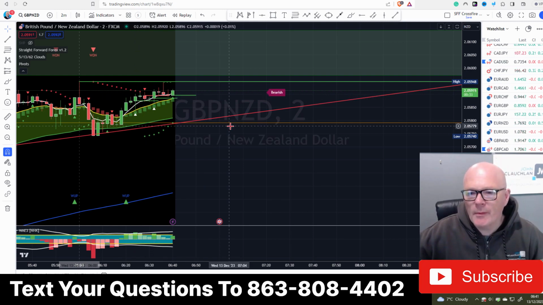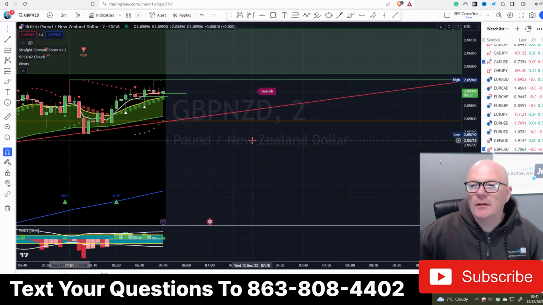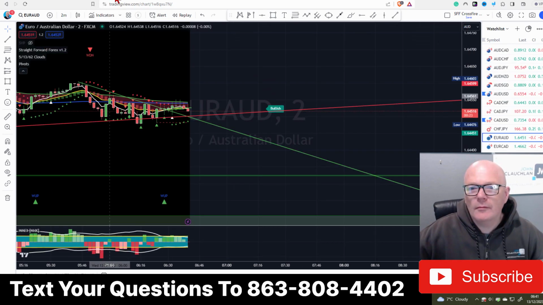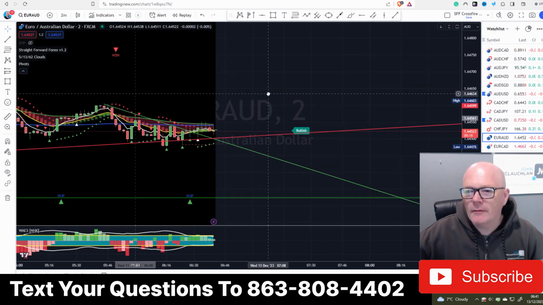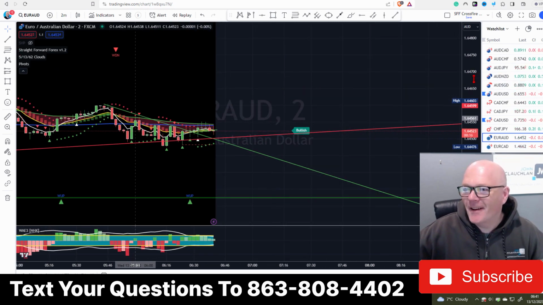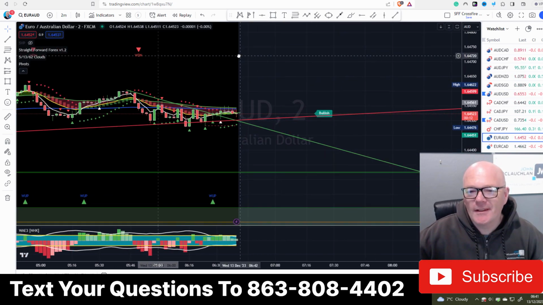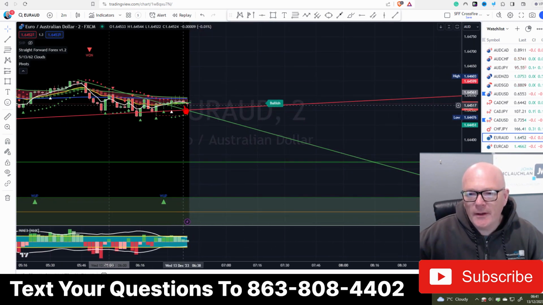There's no volume in the market. When you get sideways rotation, again, this is the banks just getting ready. It's like pulling the arrow back in the bow. They're getting ready to fire it at people like us, the retail traders, the people that have got stop losses at the ready.